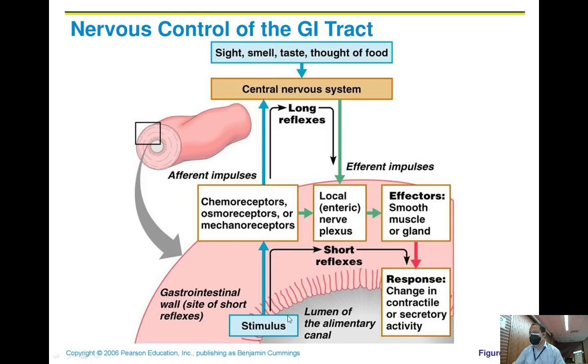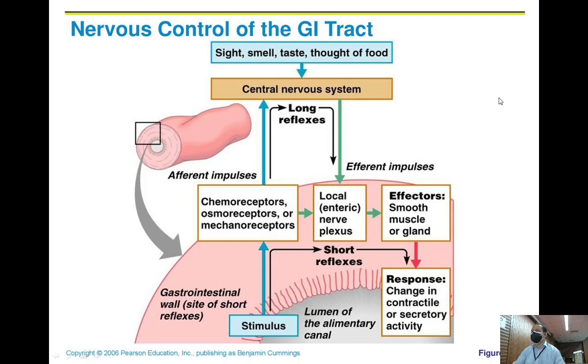A stimulus in the mucous epithelium stimulates receptors there, and that will be taken to the enteric nervous system, or the nerve plexuses, and then it would affect the glands and the muscles, that means the longitudinal and circular muscles and the glands that are secretory in nature. The response would be either secretion of enzymes or contraction or relaxation. Now this is a long reflex involving vagus, and results in what we call a vagovagal reflex.